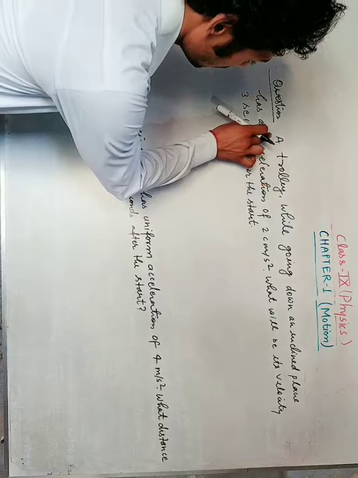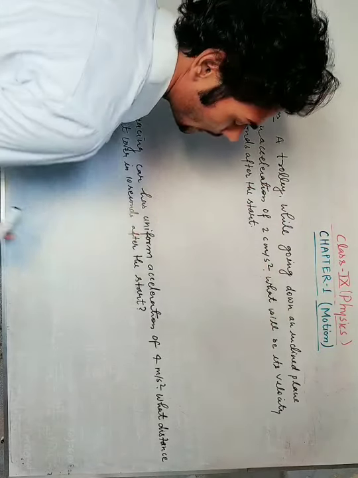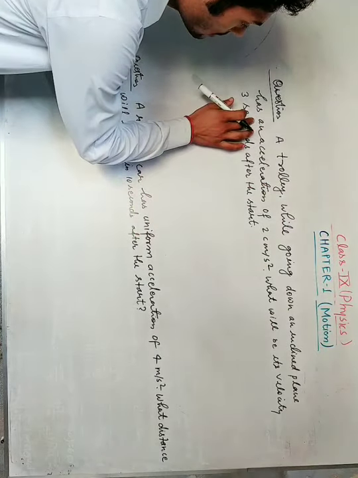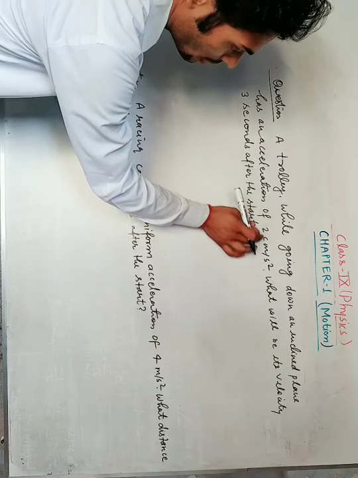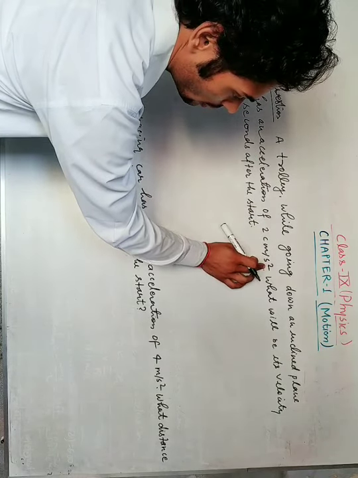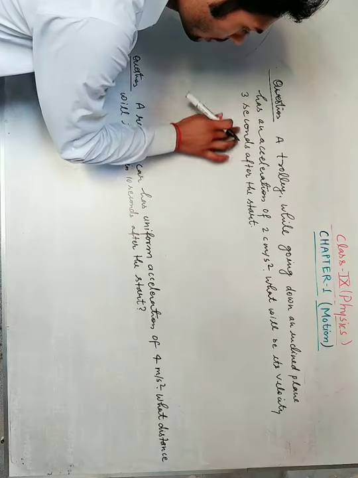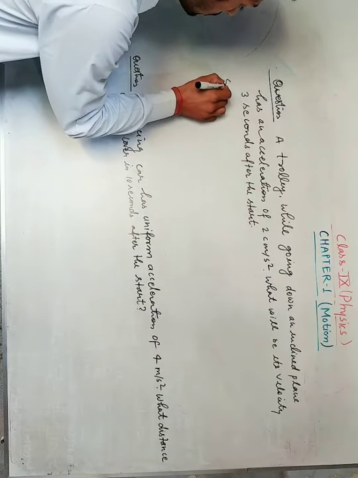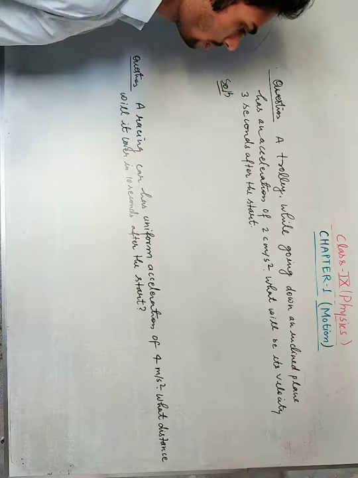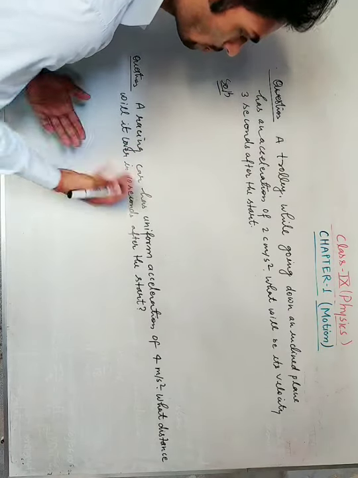Next question here. A trolley while going down an inclined plane has an acceleration of 2 centimeter per second square. What will be its velocity 3 seconds after the start? We have to find the final velocity.